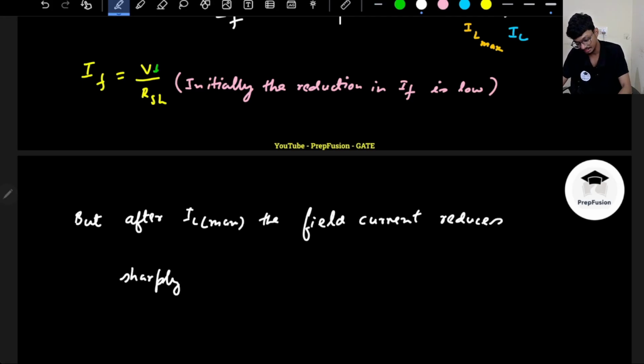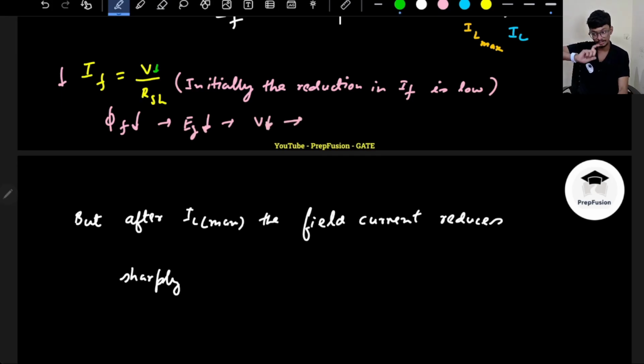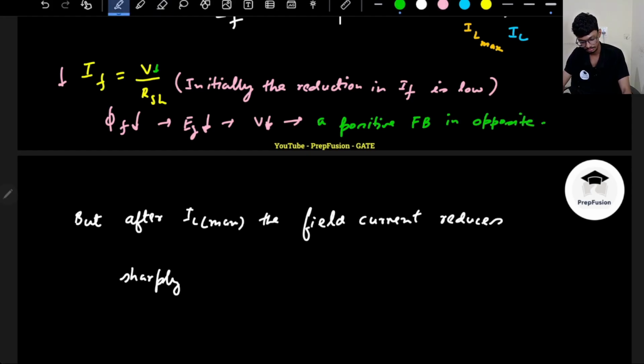If the field current reduces sharply, then the flux further reduces, then EG further reduces, then the terminal voltage further reduces, and this becomes a positive feedback in the opposite direction. That is, the voltage is trying to go to zero. So the voltage will keep on reducing.